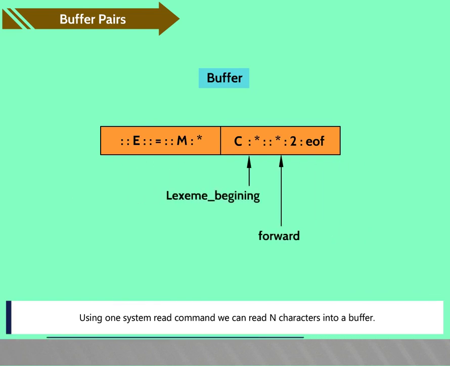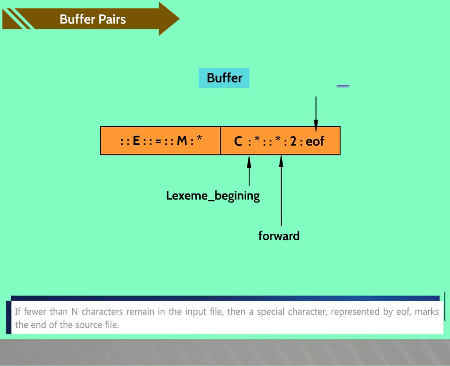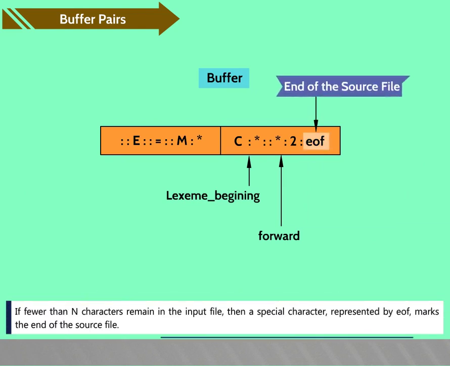Using one system read command, we can read n characters into a buffer. If fewer than n characters remain in the input file, then a special character represented by EOF marks the end of the source file.